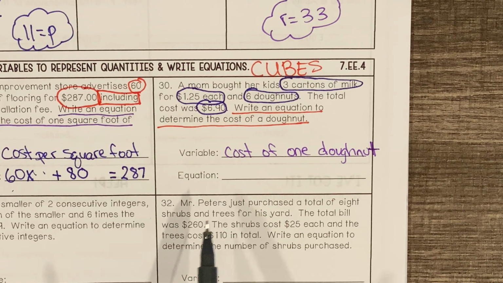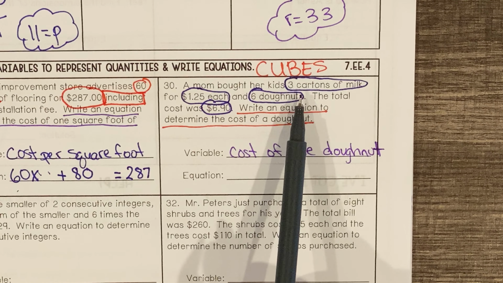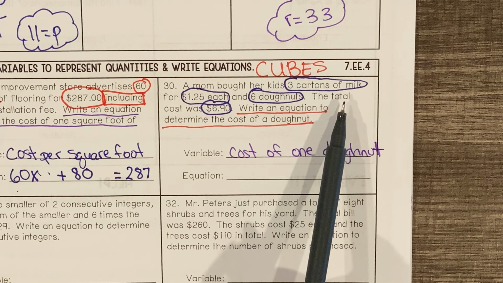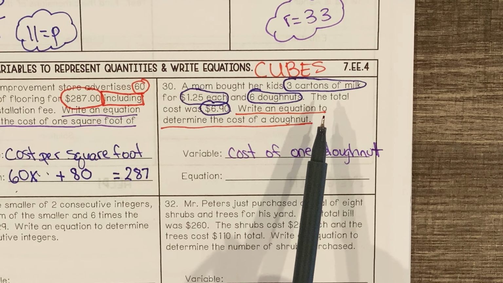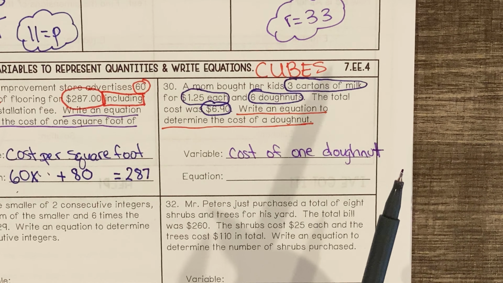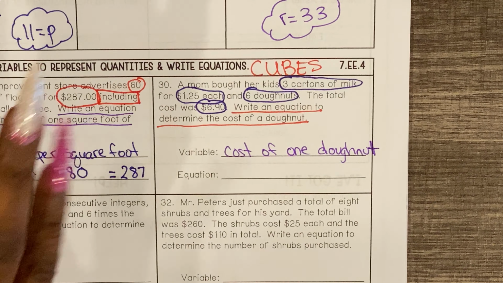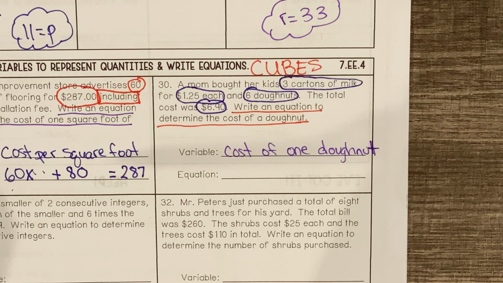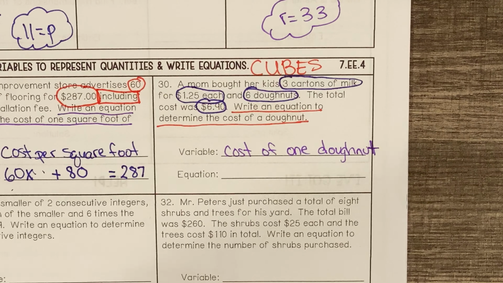How many children did she have? She had 3. And she bought each one of them milk, and she bought them a donut. Okay, so each one got a milk and a donut. So what you're going to do here, each child got the same thing. You got a donut and milk, your sister got a donut and milk, your brother got a donut and milk. So 3 of you got the same thing.